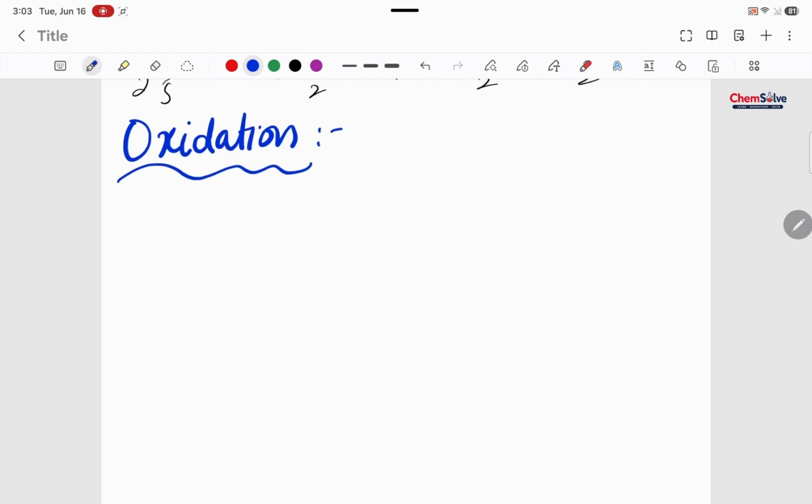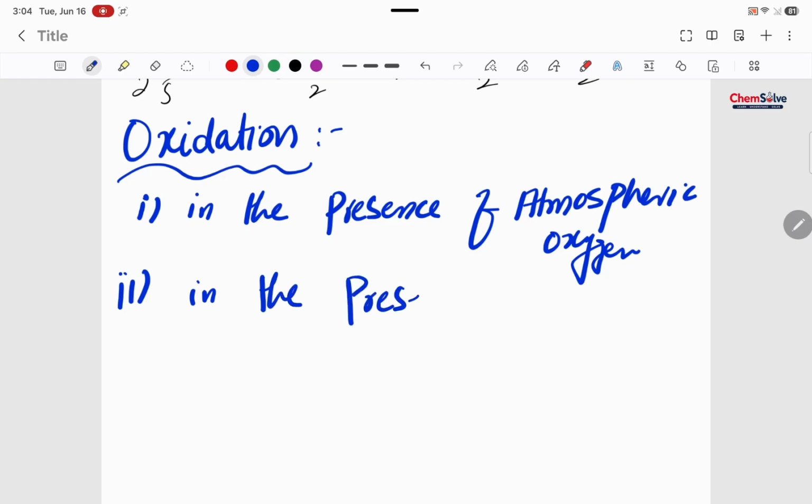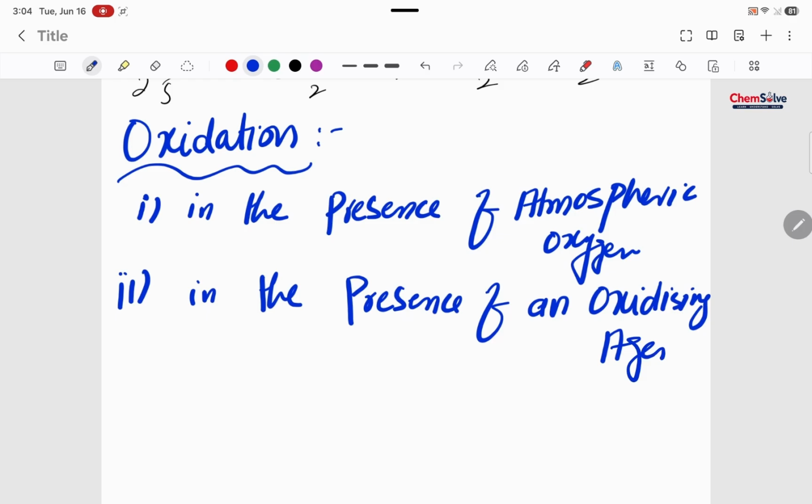The first is in the presence of atmospheric oxygen, and the second method is in the presence of an oxidizing agent.